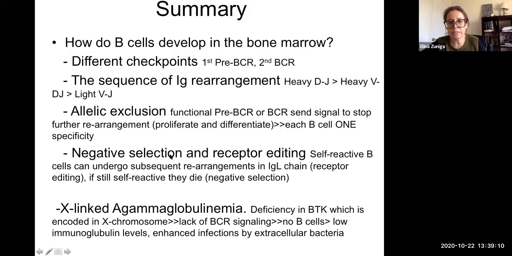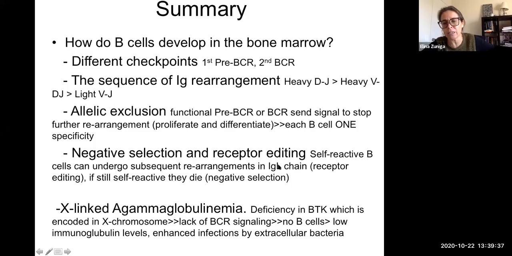So negative selection, we learned, is the process by which self-reactive B cells are eliminated from the repertoire of developing B cells. And we also learned about receptor editing, because these self-reactive B cells can undergo subsequent rearrangements of the immunoglobulin light chain.